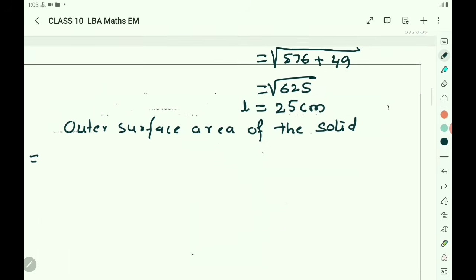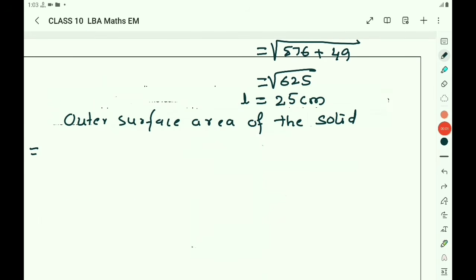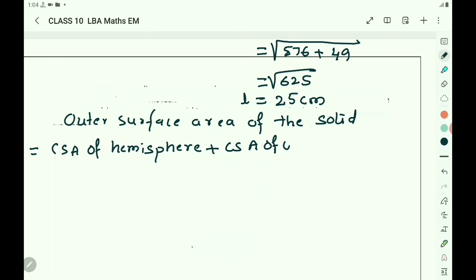Then you write CSA of hemisphere plus CSA of cylinder plus CSA of cone.